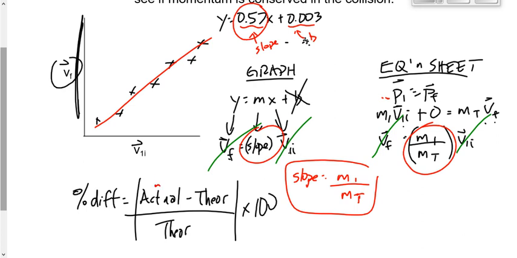The actual value is going to be the slope from Google Sheets, like this number up here. The theoretical value is this number.